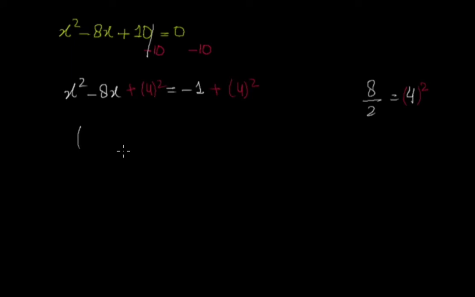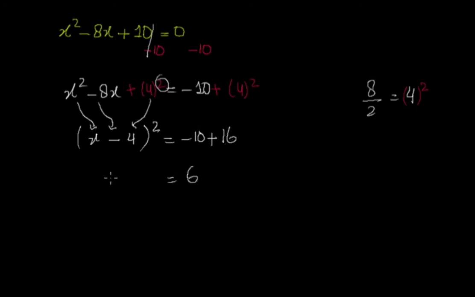So the factor of the left side is going to be (x - 4) squared. And if we simplify the right hand side, it's negative 10 plus 4 squared, that is 16. So it becomes 6, and we can also say that (x - 4) squared is equal to 6. Now for the next step, we remove this square. So for this we take the square root on both sides.